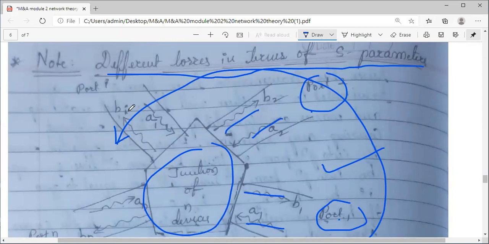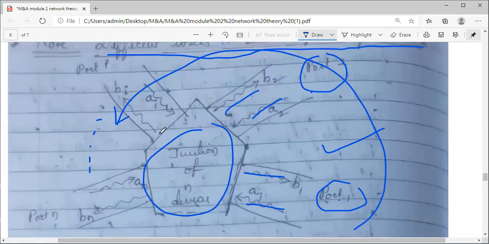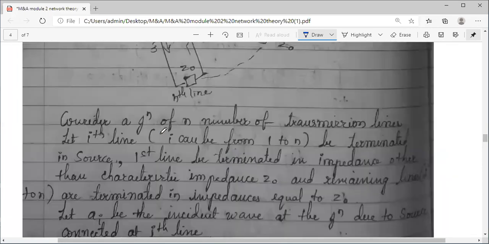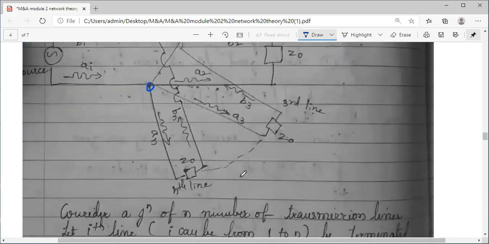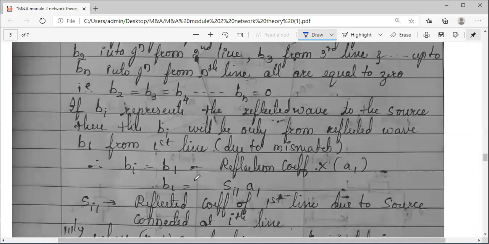Generally, I have used port i, and port N in general. So it is a multi-port network. You can also draw this figure in this form. See here, this is your junction. You have the ith line, that is the ith port, first port, second port, and so on up to the nth port. So a similar figure I have drawn in the form of a block.